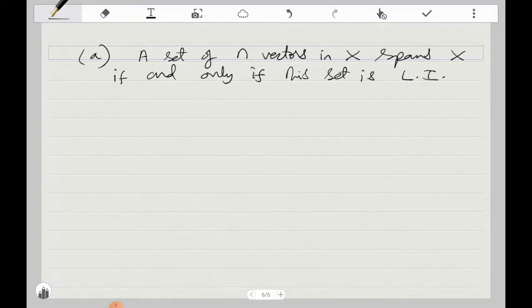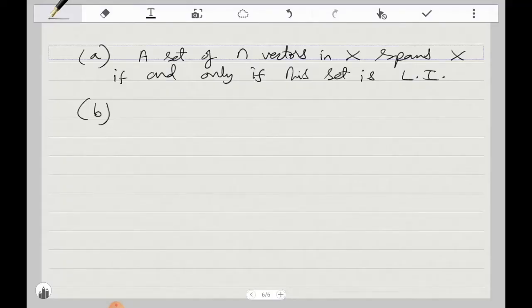Again, for this statement to be true, it's essential that the number of vectors is the same as the dimension. This is a very useful statement.